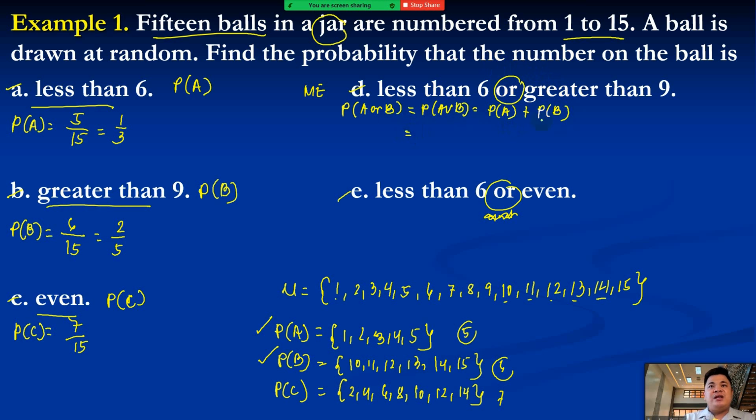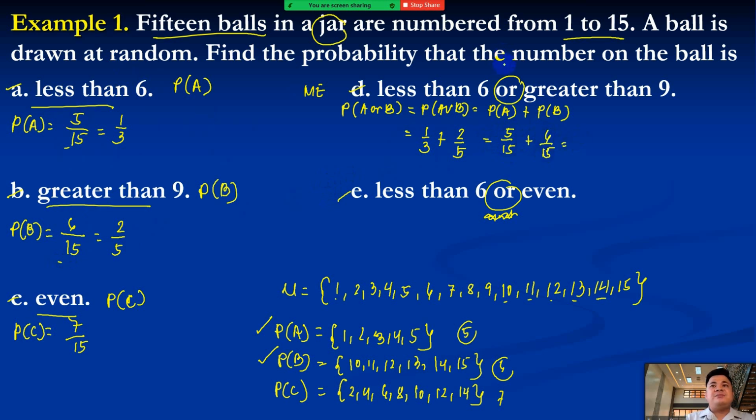Probability of event A is 1/3 plus the probability of event B, which is 2/5. If you would like to solve, just use the original answers, 5/15 and 6/15. So we have 5/15 plus 6/15.